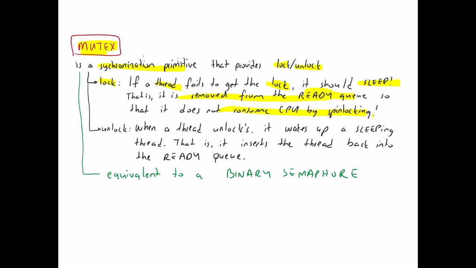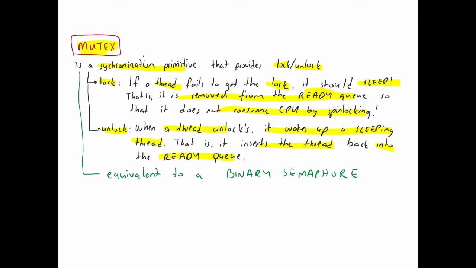So this is a major improvement over our spin locking solution. And in the case of unlocking, when a thread unlocks, it wakes up a sleeping thread if there exists one. That is, it inserts the sleeping thread back into the ready queue so that it can then have access to the CPU as a resource.